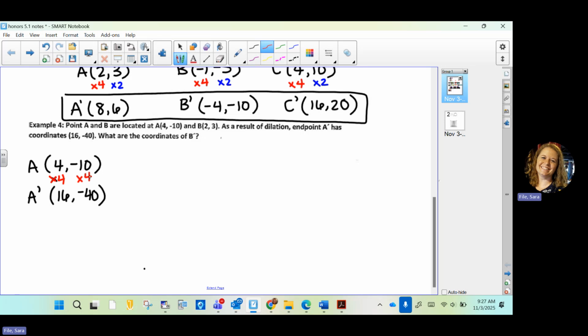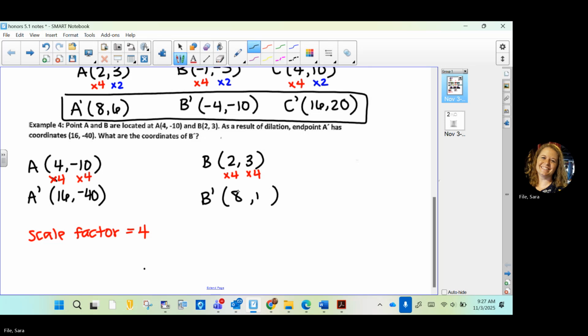So this is a scale factor of 4 that I've identified. So now I'm going to apply that scale factor to B. So B prime would be where? Very good. All right, we feeling okay about scale factor?